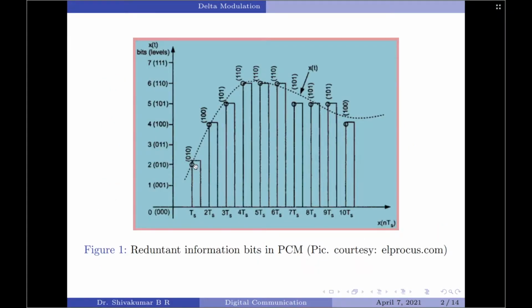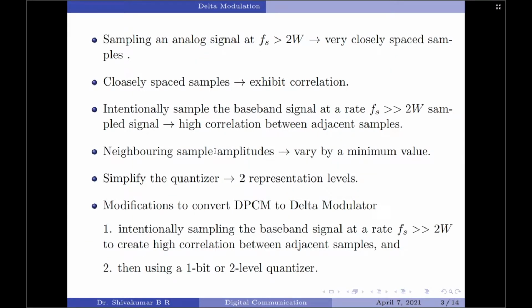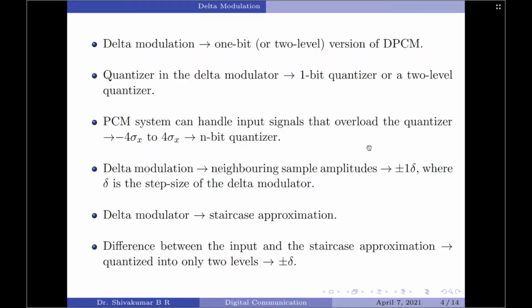Coming back to the waveform here, we see the sample amplitudes of the first and second sample vary by a value which is greater than the step size of the quantizer. In fact, when we were discussing the derivation for signal to quantization noise ratio of both the mid-riser as well as mid-tread quantizer, we mentioned that it is possible to have an amplitude variation from -4 sigma x to +4 sigma x, where sigma x represents the standard deviation of the input signal.